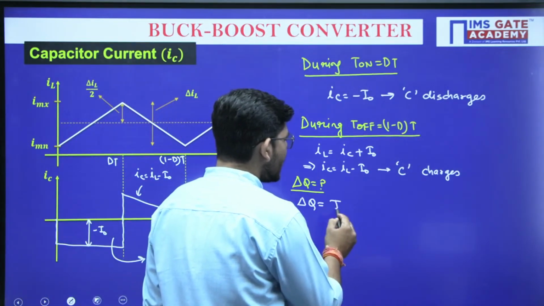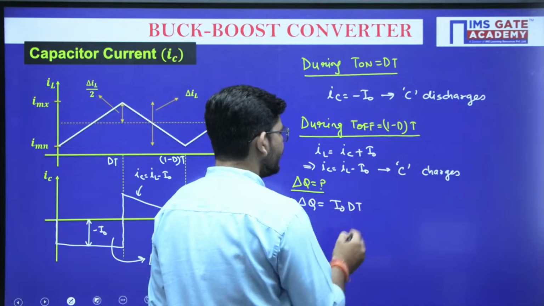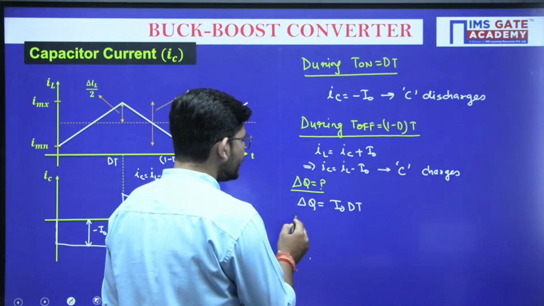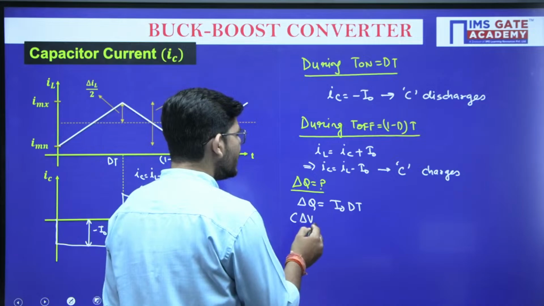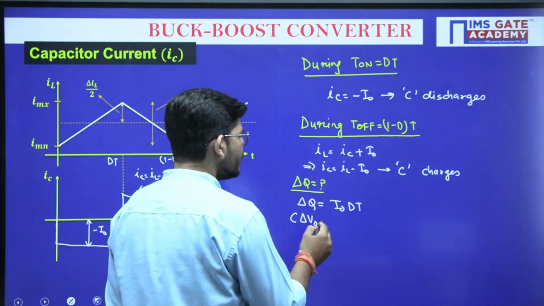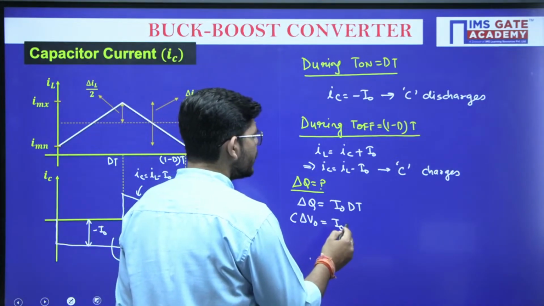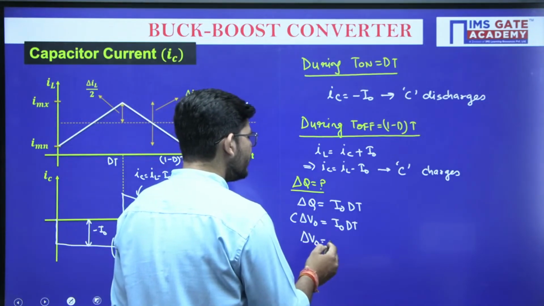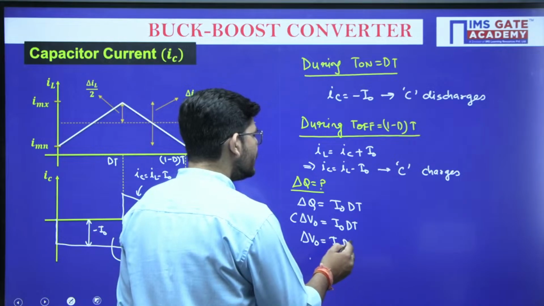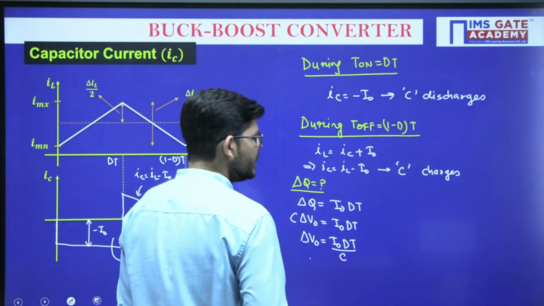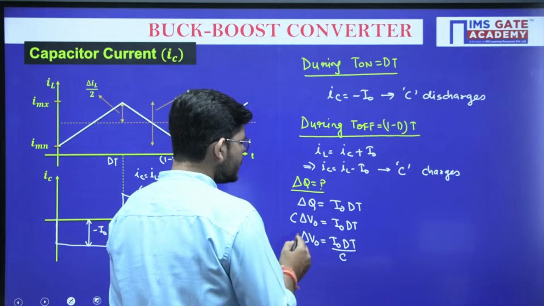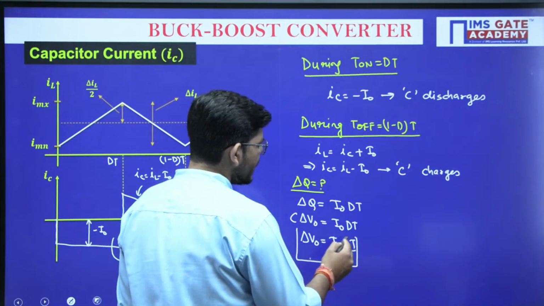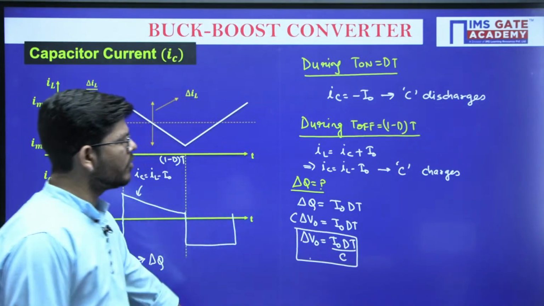The area is basically I naught into dt, so del q is C times del Vc or del V naught, which equals I naught into dt. So del V naught equals I naught dt upon C. This is the expression for del V naught that we have.